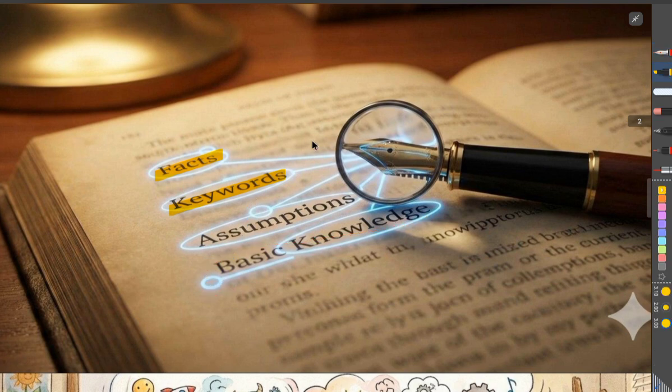So what is logical reasoning? It's nothing but read the question, identify the facts, keywords, and take some assumptions. These facts and keywords are the clues which are provided by the examiner to us, and using them we have to take some assumptions, and along with the assumptions, using our basic knowledge, we can easily arrive at the answer.